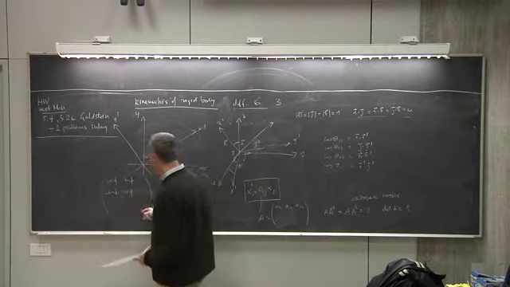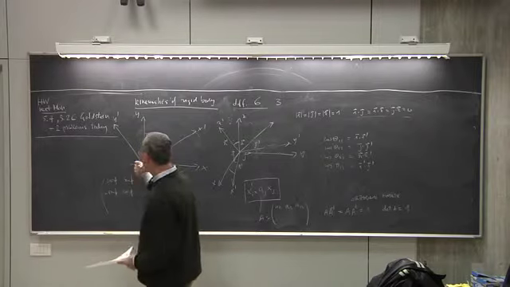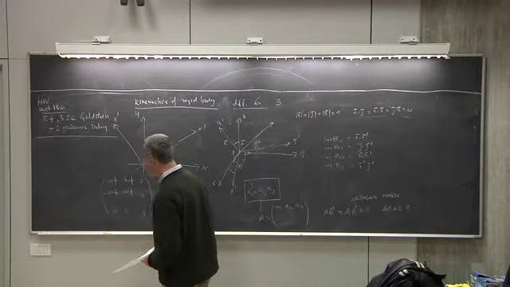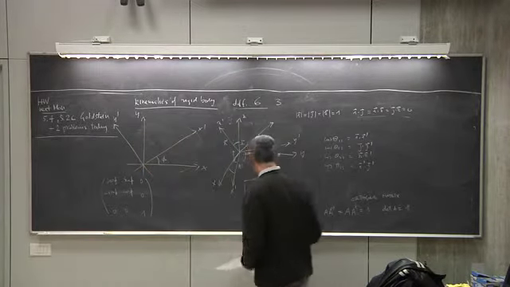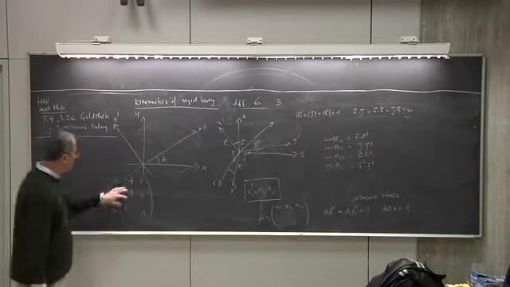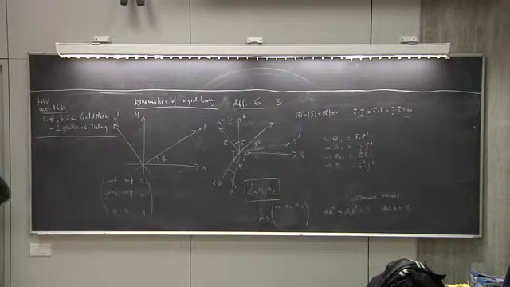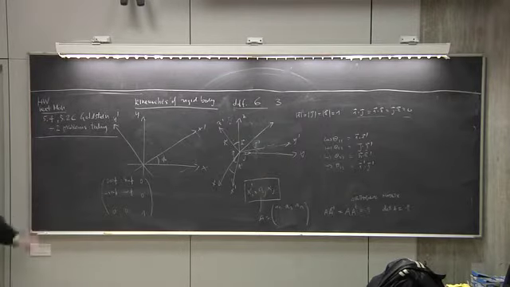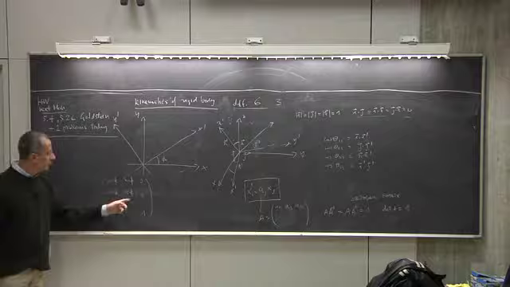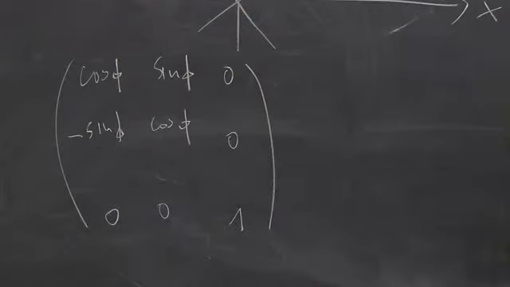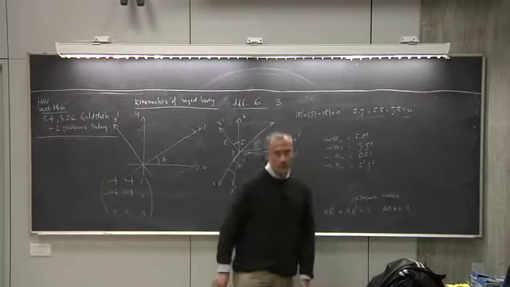And what should I put here? Well, nothing is taking place in the 3rd direction, so I just put a 1 and then some zeros. And you can verify that indeed the inverse matrix of this is just the transpose, right? The transpose, you take the columns, you put them as rows, and if you multiply by the transpose, by definition, you get 1.